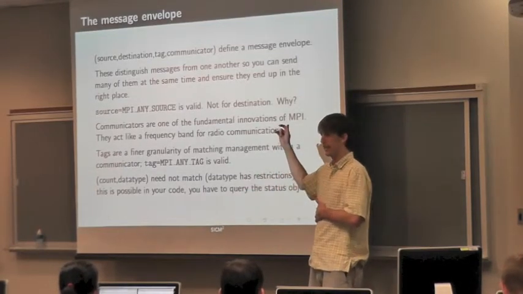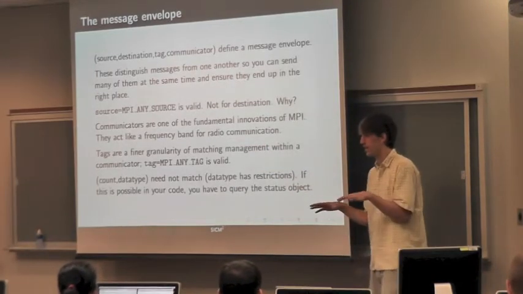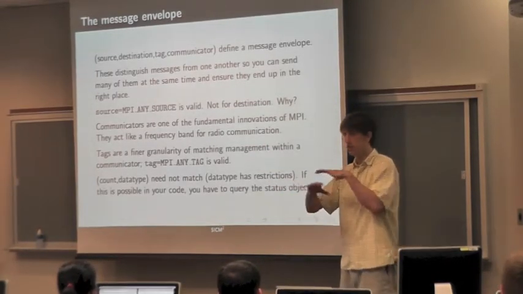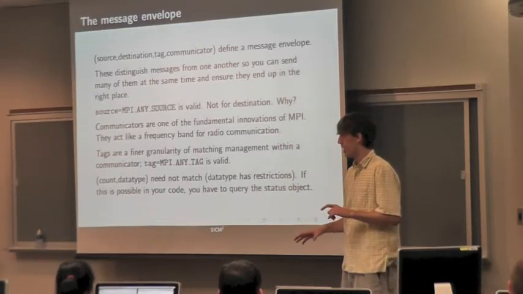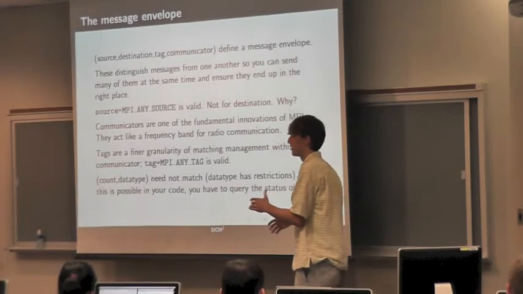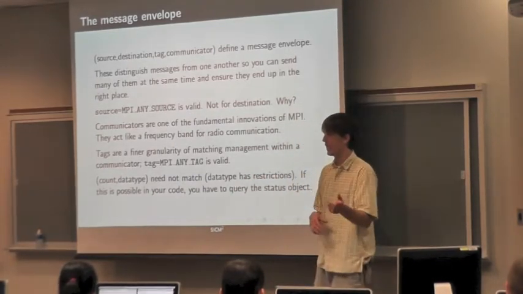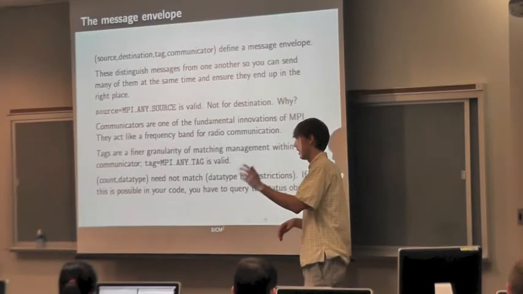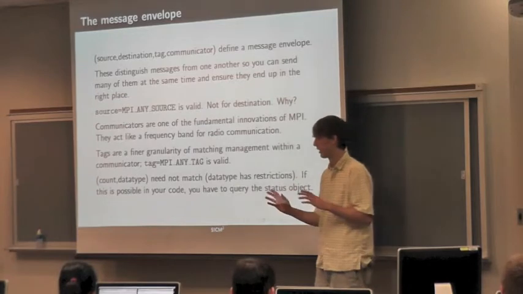And then there's a tag, which is a way to granularize. Let's say I've got a communicator, and I'm going to exchange particles in a molecular dynamics simulation, but I'm going to do it in two phases. I'm going to exchange all of the water molecules first, and then all of the sodium chloride ions second, for whatever reason.